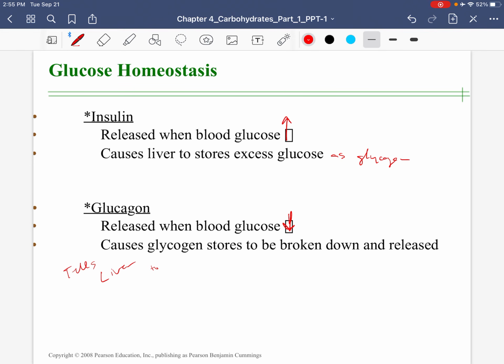Tells the liver to break down glycogen back into glucose. These are really important regulating hormones. If we're not able to properly release these hormones and have our desired effect, then we may have excess glucose in the bloodstream. Over time, folks, that's really bad.